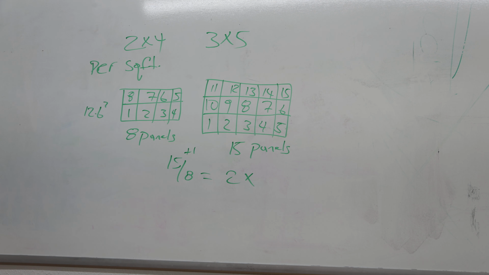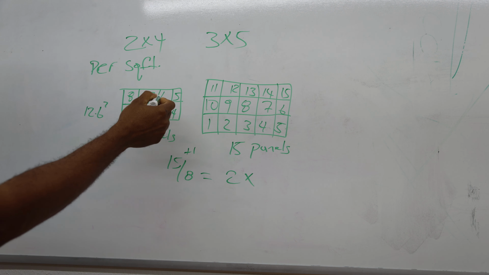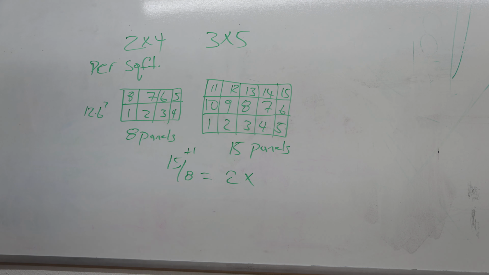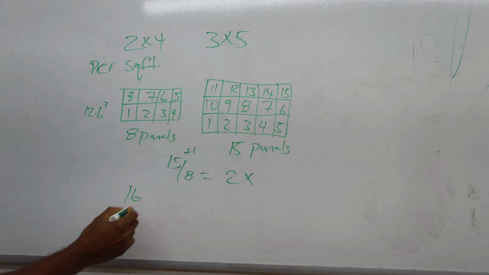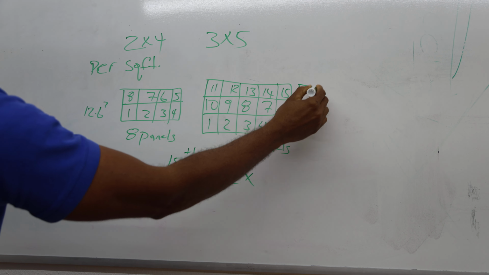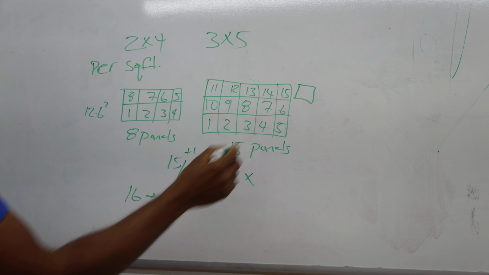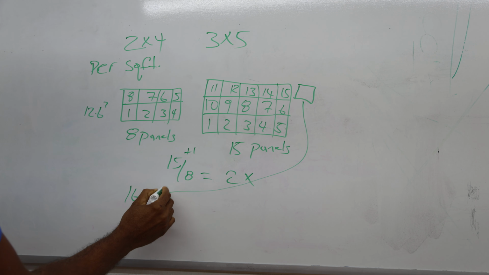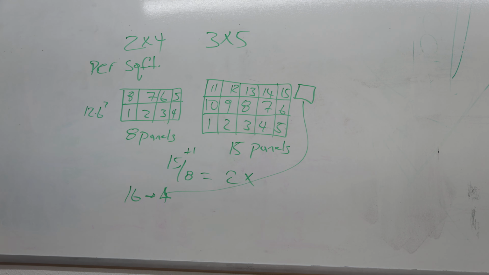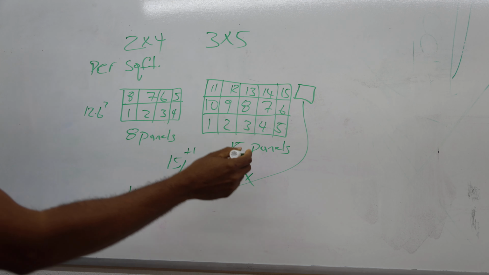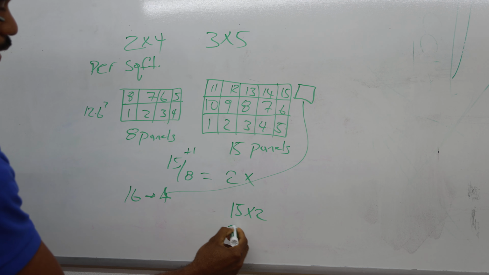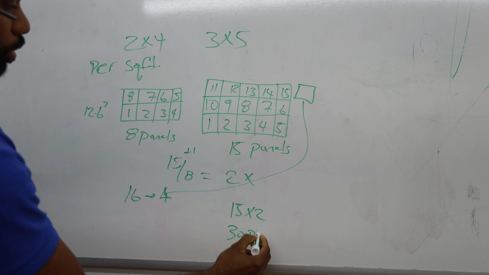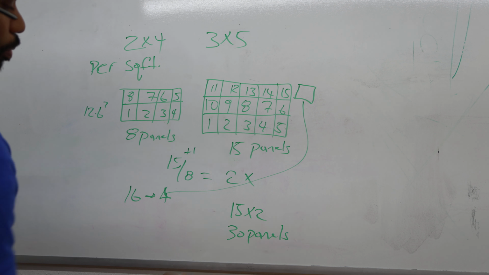Now consider this if it's double-sided. To make this 2x4 double-sided, I make another one, so I'm using 16 panels for that, right? 16 panels. So if I added just one panel here to this one, I could make this one, right? And make this double-sided. If I was to make this double-sided, then I'm going 15 times 2, so they're using 30 panels to achieve the same effect.